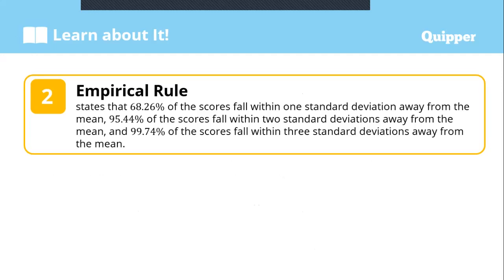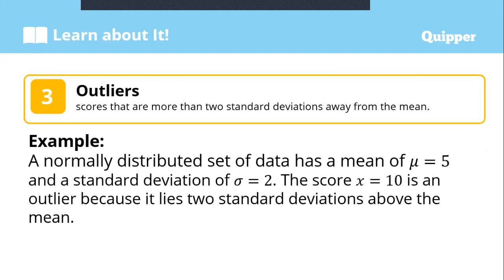The empirical rule states that 68.26% of the scores fall within 1 standard deviation away from the mean, 95.44% fall within 2 standard deviations, and 99.74% of the scores fall within 3 standard deviations. Okay? Outliers are scores that are more than 2 standard deviations away from the mean.